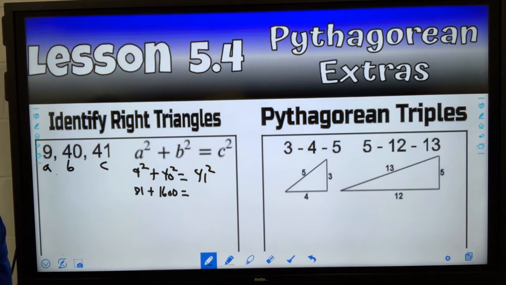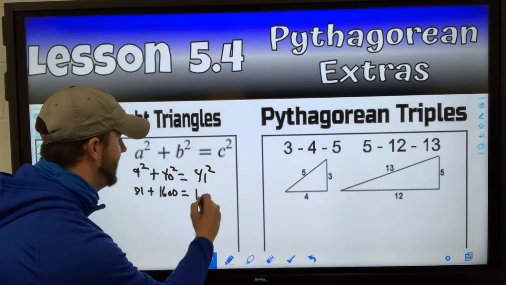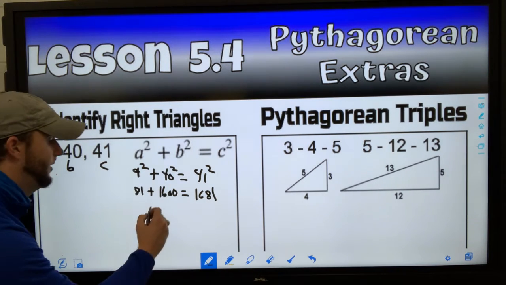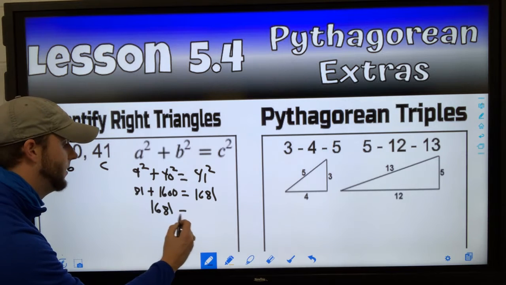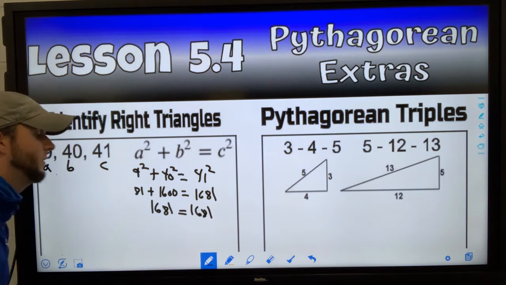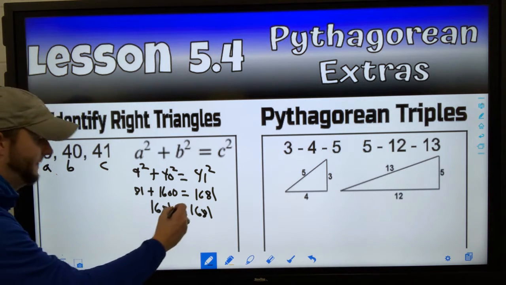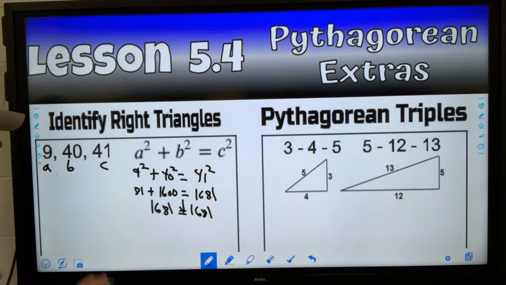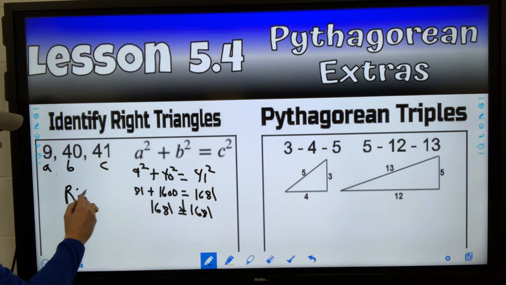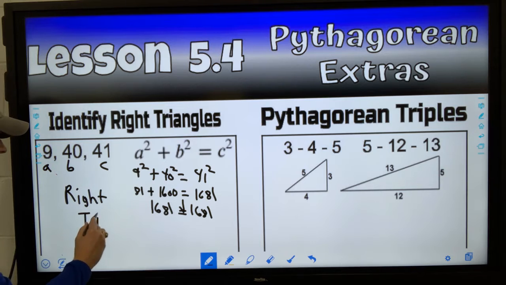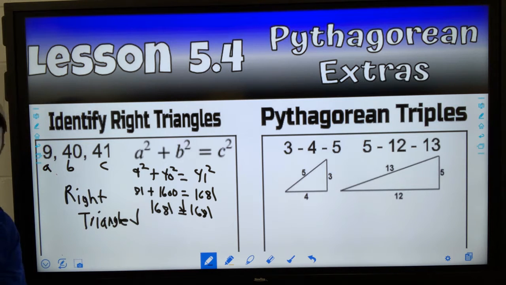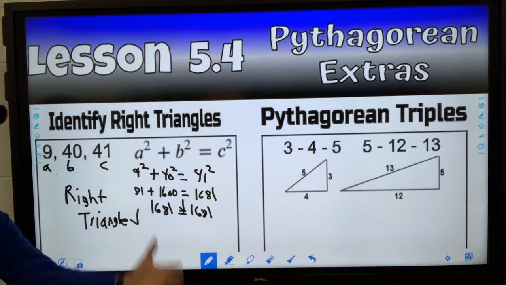And 41 squared is 1681. Now 81 plus 1600 gives you 1681. Does 1681 equal 1681? It does. So these three sides are indeed a right triangle. It checks out. Boom. That's how you identify right triangles.